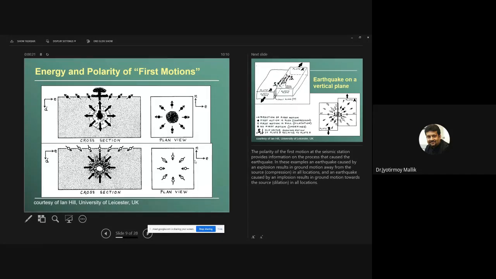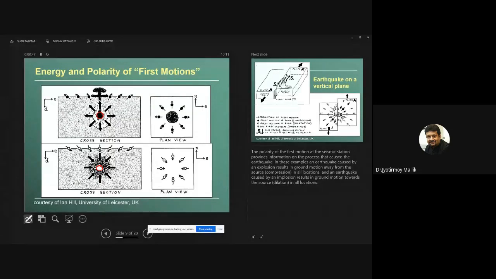There are two pictures shown here, and I'll try to explain in very simple language what they essentially mean. In the first picture, these two are the focus of the earthquake, or the hypocenter.